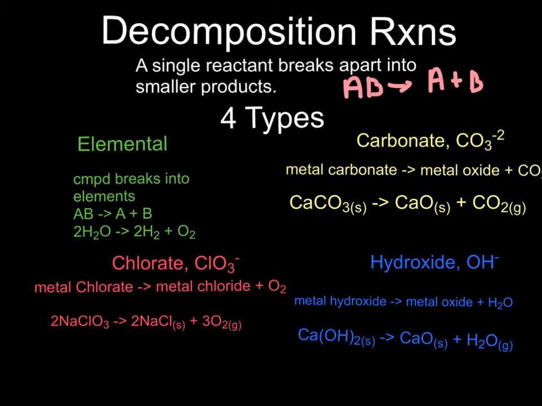So I want you to lift up your decomposition and your combustion tabs. And remember those 4 tabs that you cut? We cut the page into quarters. Here's where these 4 decomposition reactions go. Please take a moment, copy down each one, go in the order of elemental, carbonate, chlorate, and then hydroxide. Get all of this written down on your tabs, and then we'll talk about them.